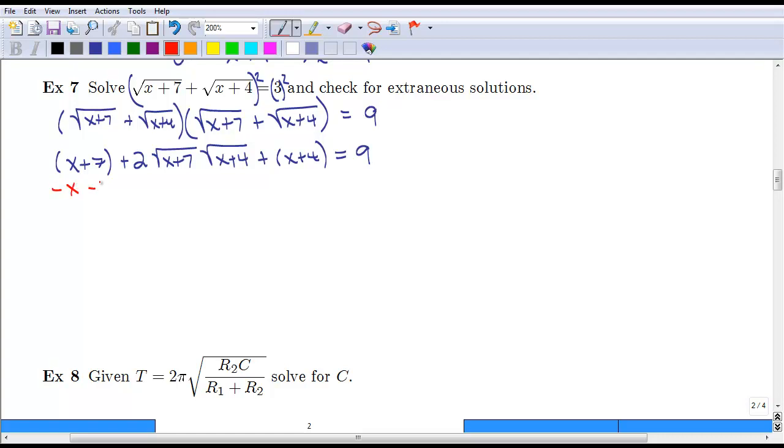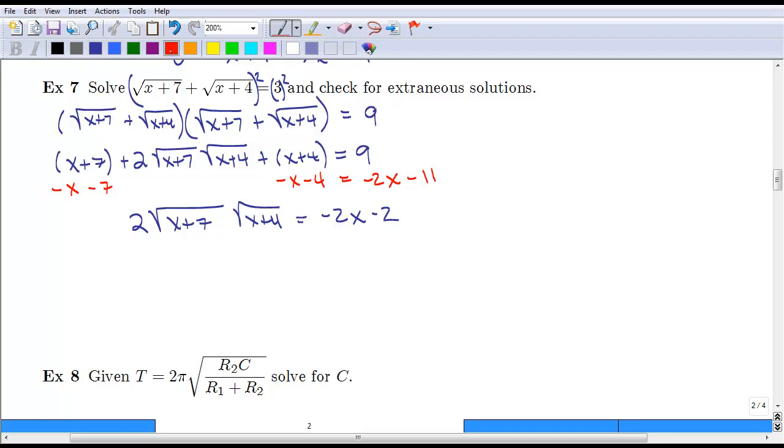So we would subtract x, subtract 7, subtract x, subtract 4. So over here we would be subtracting 2x, and we would be subtracting 11. So in this case, we have 2 times the square root of x plus 7 times the square root of x plus 4 is equal to -2x minus 2. We add that 9 in there.